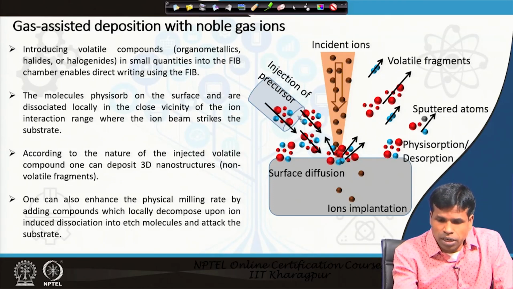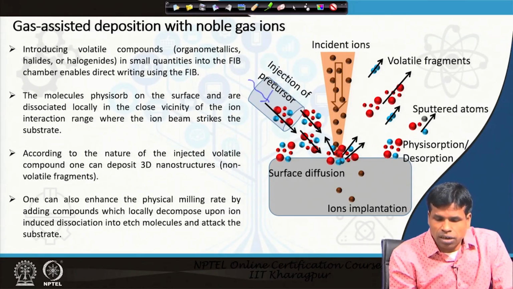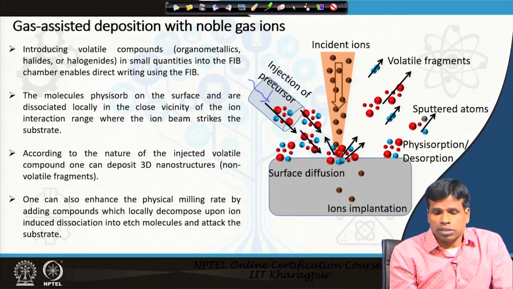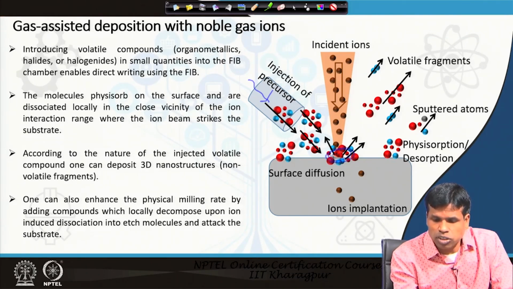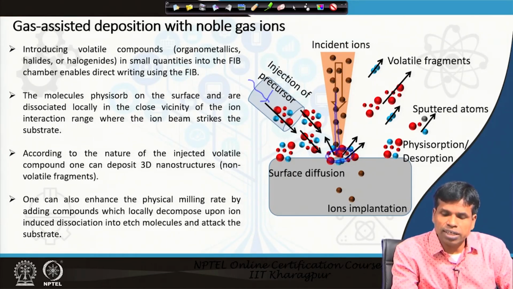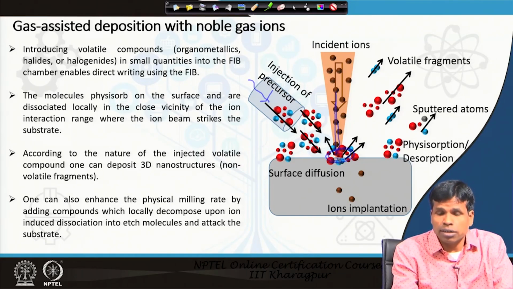As you see here, we are injecting the precursor material, such as an organometallic compound, and our incident ion is coming. The precursor material will physisorb on the surface, and when incident ions strike, they will interact with the organic materials and dissociate and degrade.